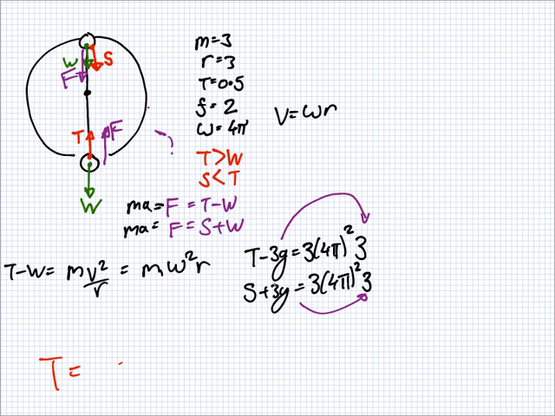Okay, no, 144. What am I saying? T equals 144 pi squared plus 3g, and S equals 144 pi squared minus 3g. So that one there is going to be the bigger one.